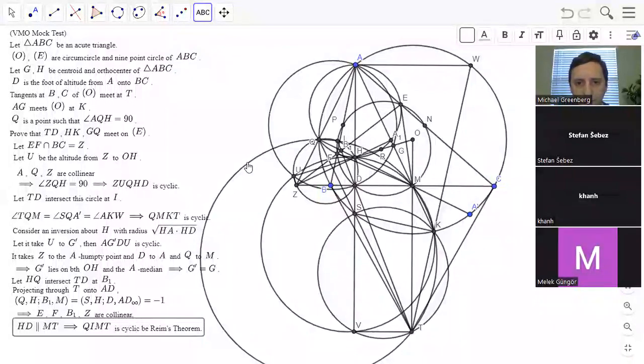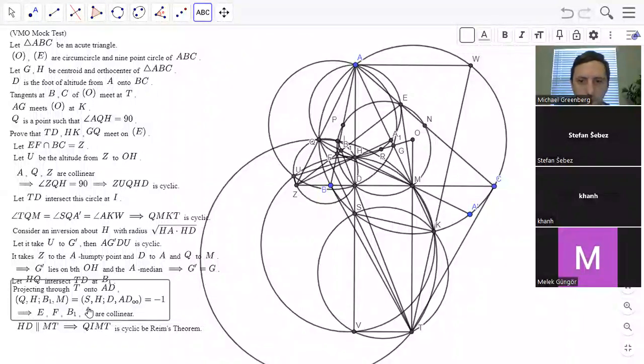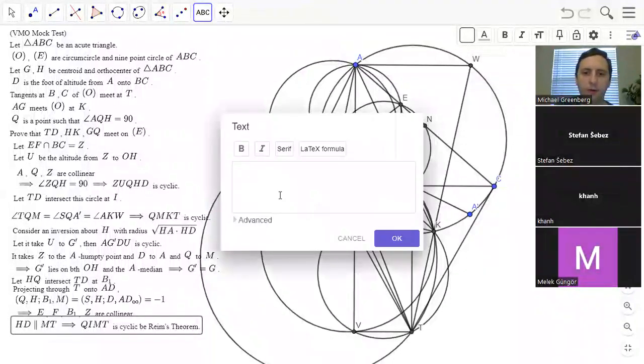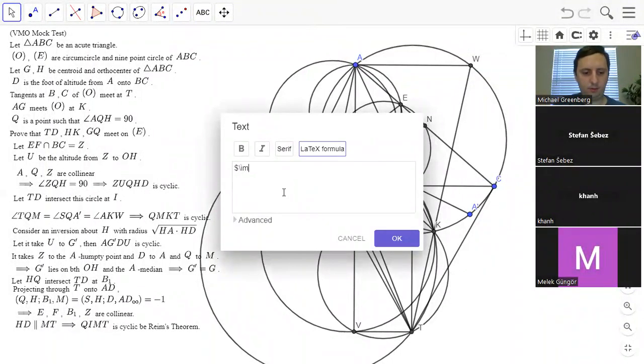Okay. And that shows that I, H, and K are collinear. So that means I inverts to K, which means I, H, and K are collinear, right? Yeah.